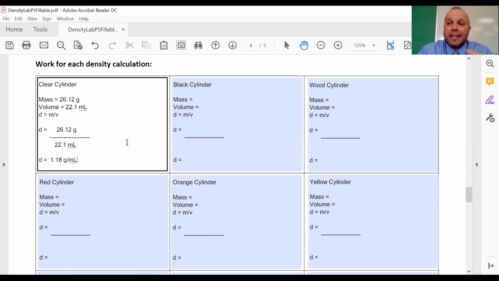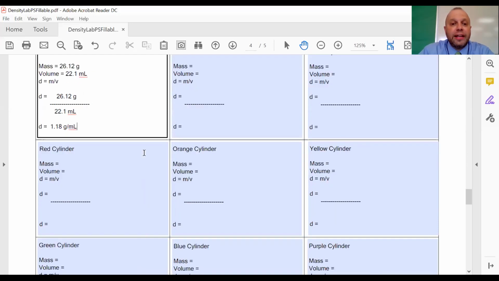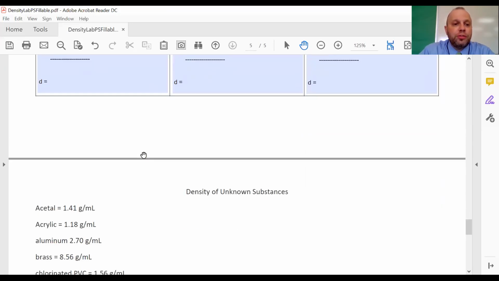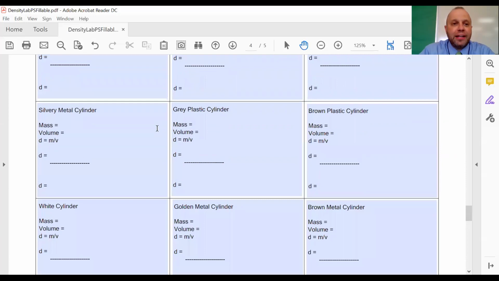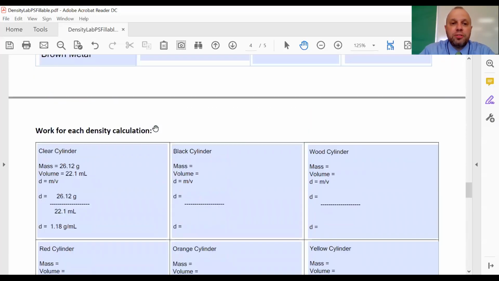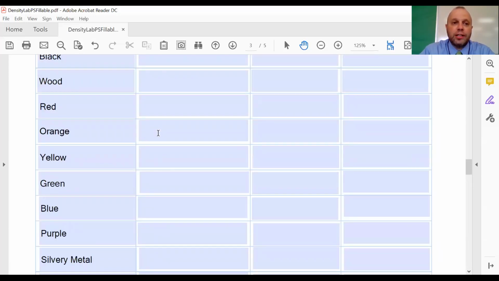Now's the cool part. Now, just based on that physical property alone of density, I can go to my list of possible choices here, and I can find out that my first one is acrylic. So acrylic is 1.18 grams per milliliter. So just by finding the density of this unknown material, I was able to identify what it is.